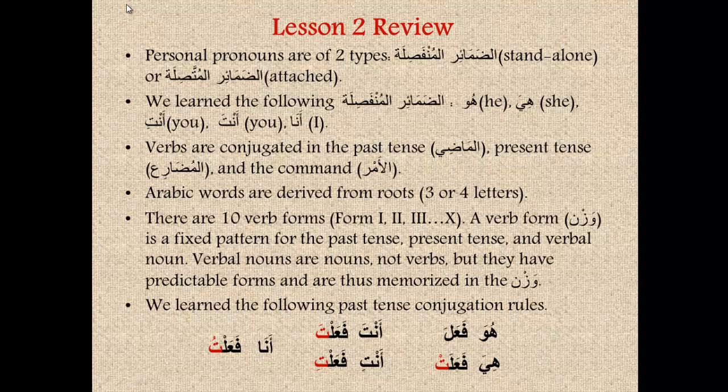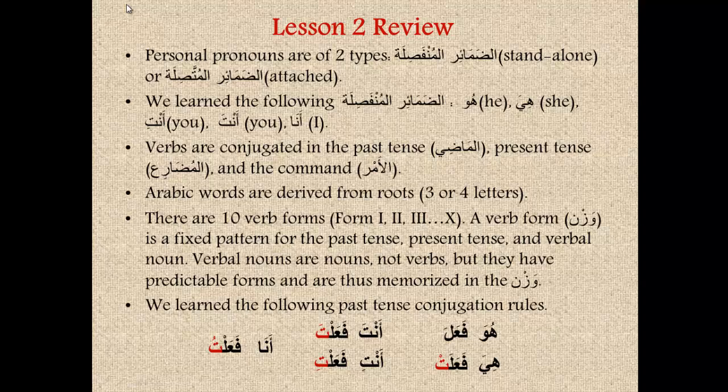We learned that verbs are conjugated in the past tense, al-madi, the present tense, al-mudari', and the command, al-amr. Arabic words are derived from roots, 3 or 4 letters, and these roots serve as the basic building blocks from which other words can be formed.